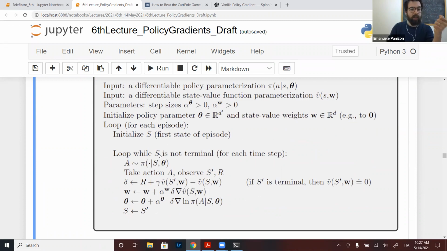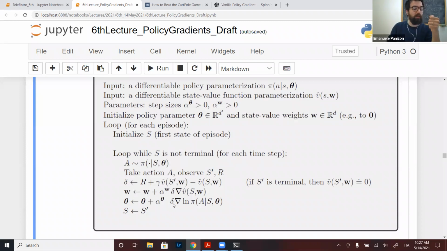determined by gamma. Then, until the state is terminal or I kill it, I take an action, I do the action, I go into a new state, I take a reward, and I construct my delta, my TD error, in this way. With this TD error I change my estimation of the values, so the parameters which correspond to the values.